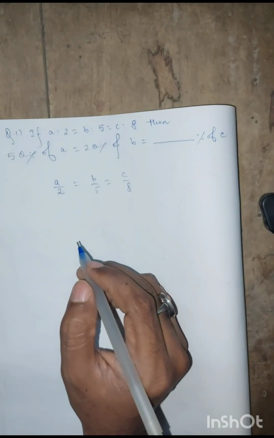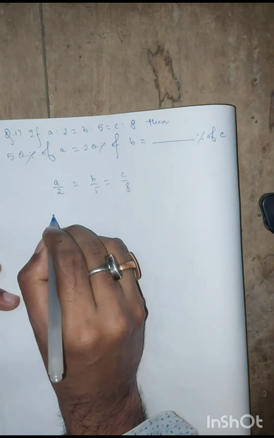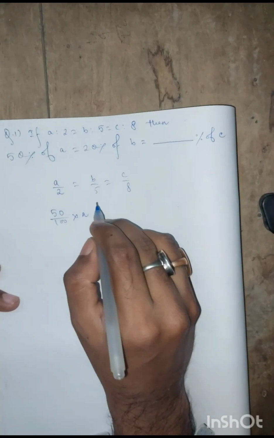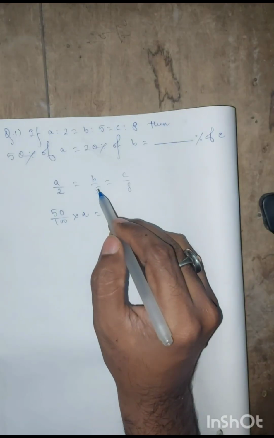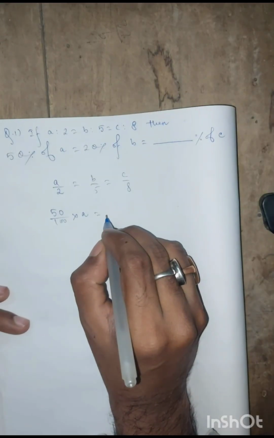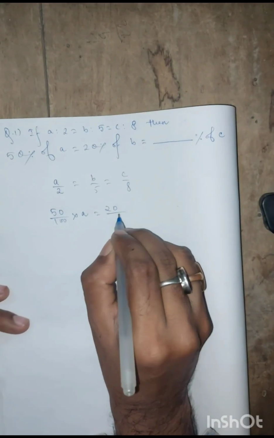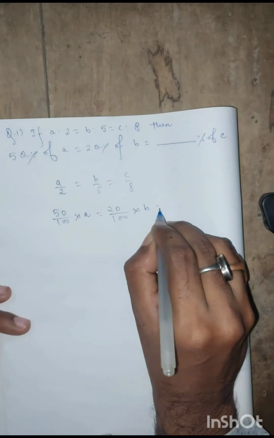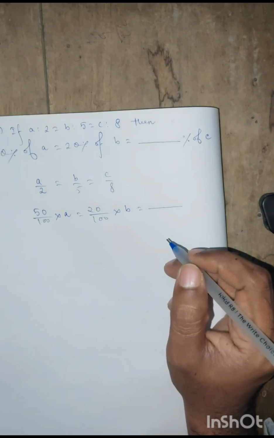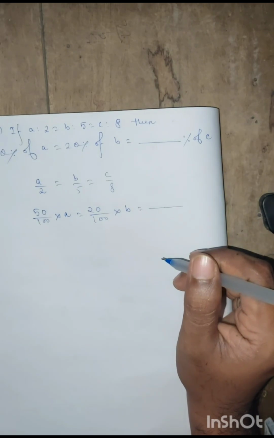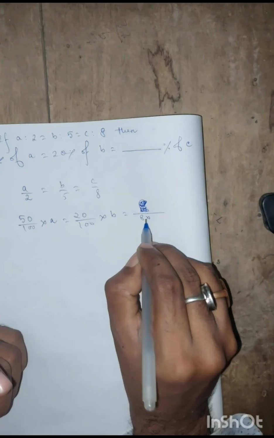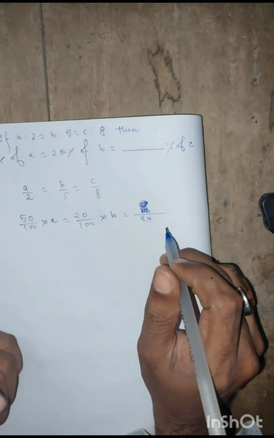So the first ratio can be written as, if we multiply the numerator and the denominator by 50, we are having 50 by 100 into A. Now if we multiply the numerator and the denominator of the second ratio by 20, we are getting 20 by 100 into B is equal to, for the denominator, we need to make it 100.